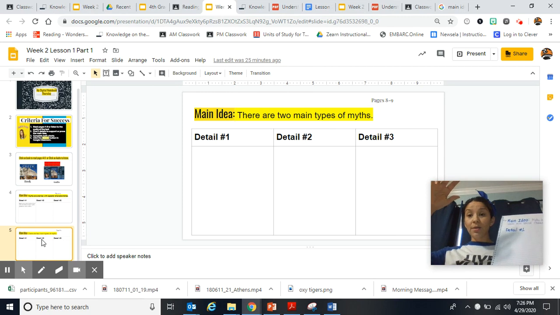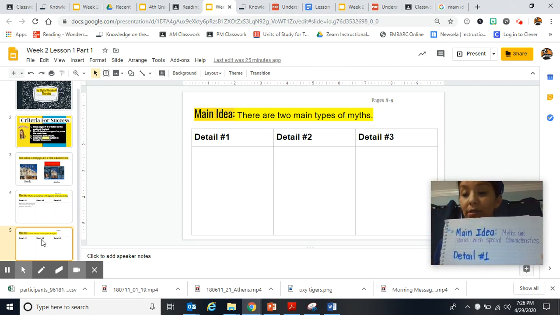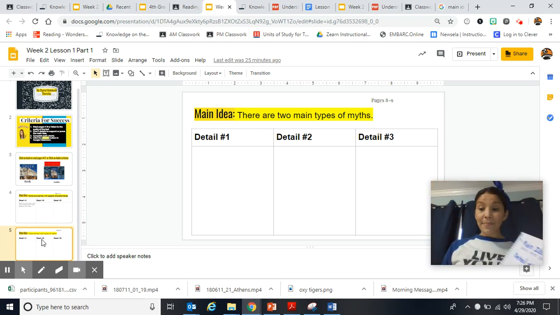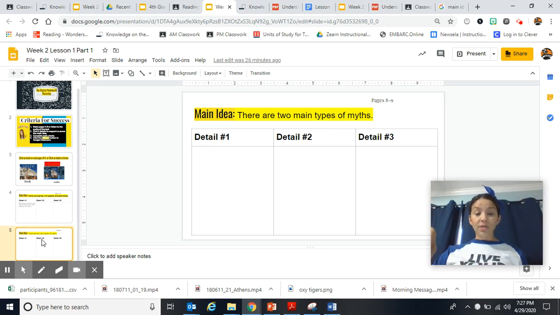You're going to have the story, but then you have to go back to Google Classroom to type it. So the best thing you can do is just write it on a piece of paper, scratch paper, write the main idea at the top, and then as you're reading, you can write your details, come back, get out of the audio or the book, and then come back to Google Classroom and start typing it.